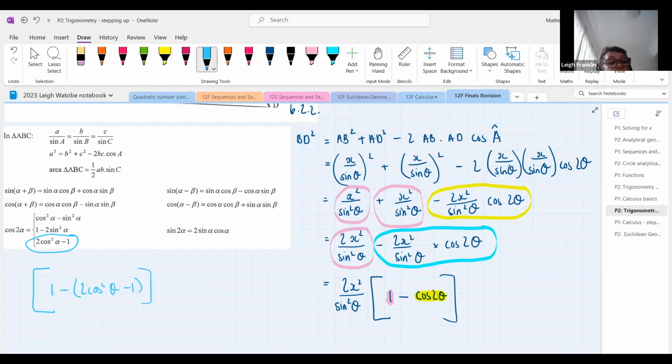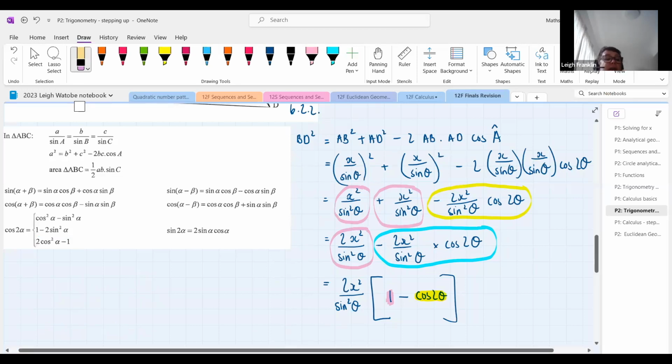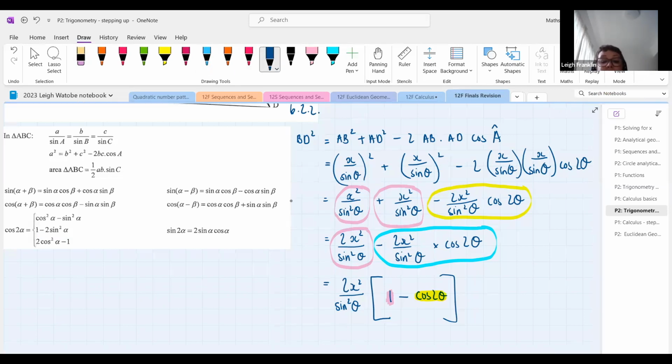So now when I remove my round brackets, it's going to be plus 1. The 1's not going to cancel, is it? Can you see that? There we go. All right, so we've got to use 1 minus 2 sine squared theta, but we are substituting in a binomial, so we need to use brackets.